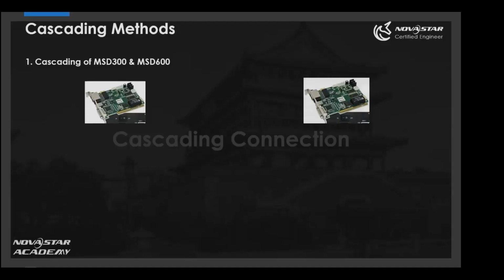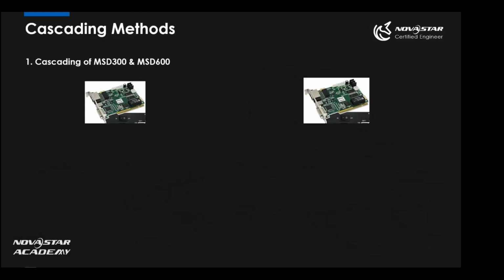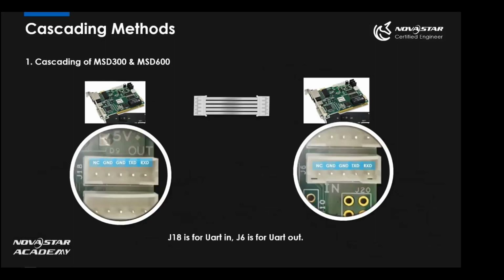So let's start from the basic product. It's called MSD300 and MSD600. This is the most basic product of sending card. We can see it only has a card without box. How can we cascade the sending card like this? We will use this kind of cable. You will get it in the package when you buy the product. And we have to find the interface on the board like this.